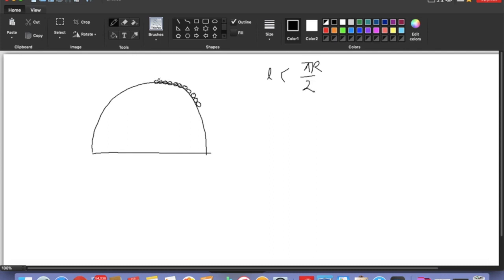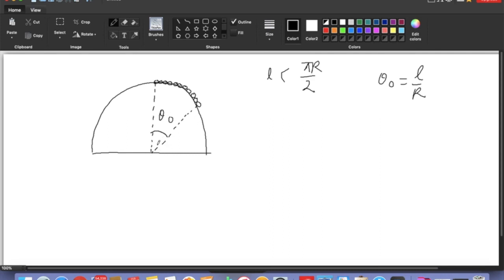Okay, the chain was fixed here but it was suddenly released, and when it was released it starts moving along the surface. This angle is theta naught, and theta naught is equal to L divided by r, where r is the radius of the spherical surface.